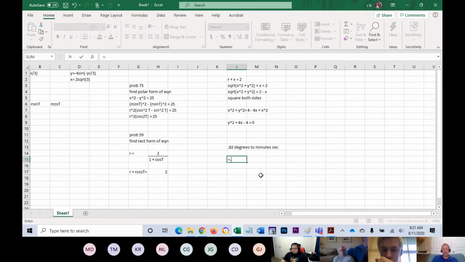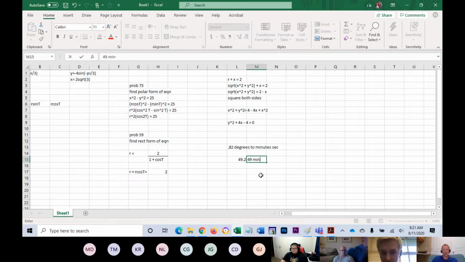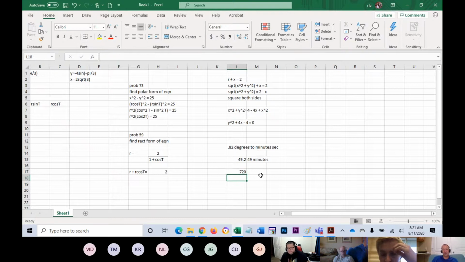So 0.82 times 60 is 49 degrees, right? Or 49 minutes, I should say. And then you do, is it 0.82 times 3600? Yes, 0.82 times 3600.